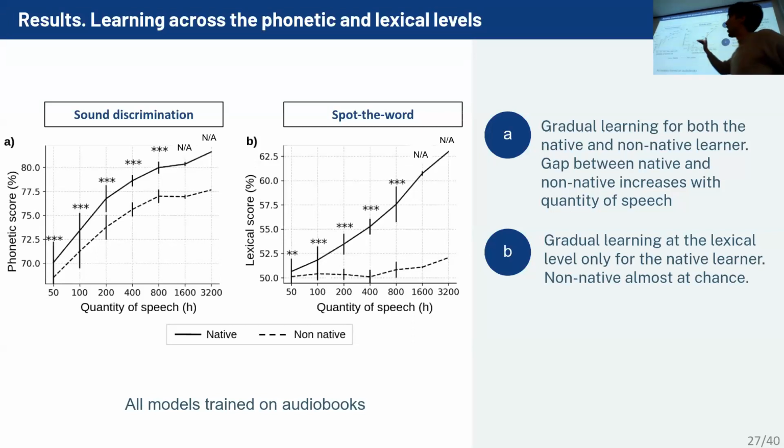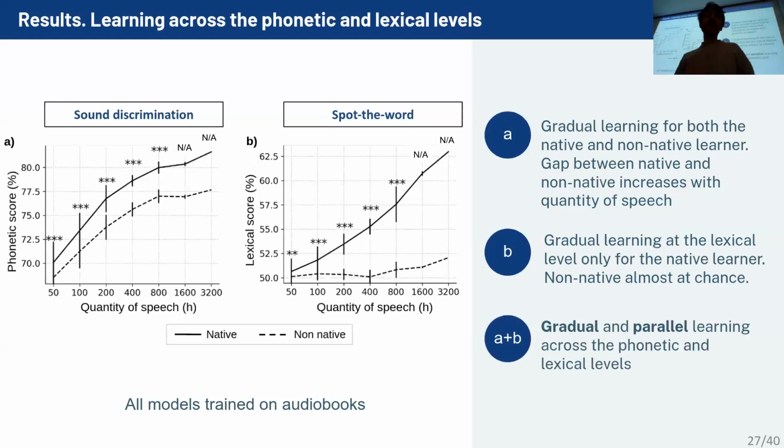So in a nutshell, we observe a gradual and parallel learning across the sounds and the words, which was our goal at the beginning of the study. A bit similarly to what we observe in infants, our model learns about the sounds and about the words at the same time.